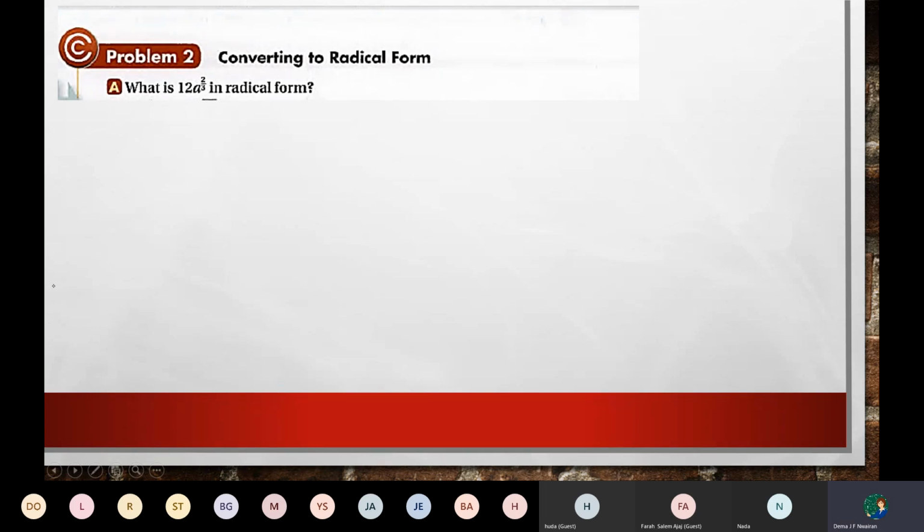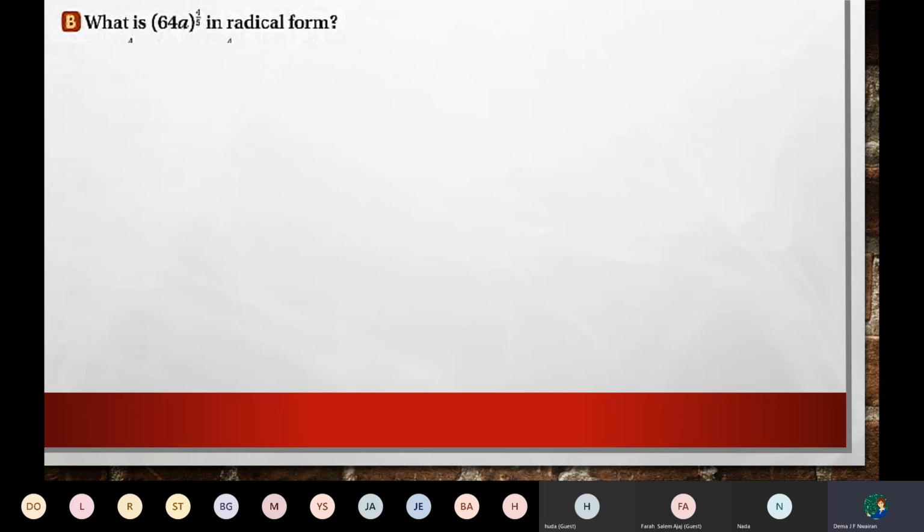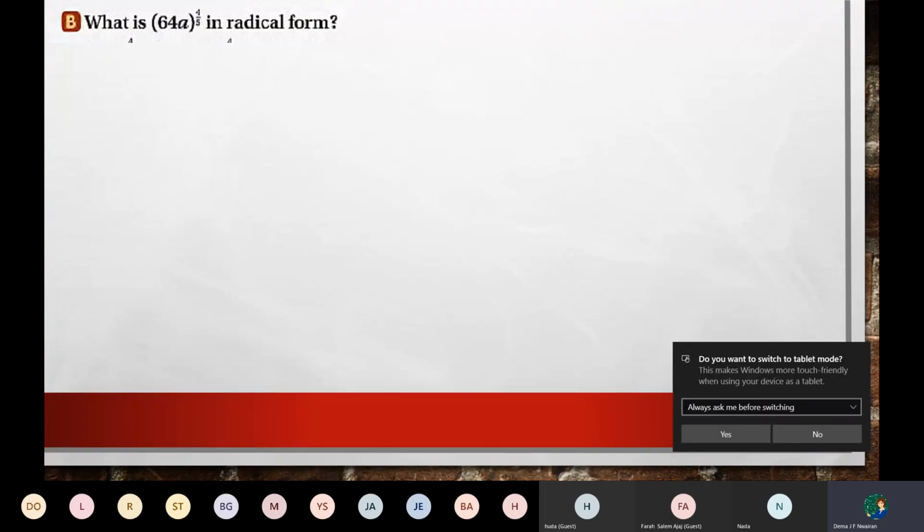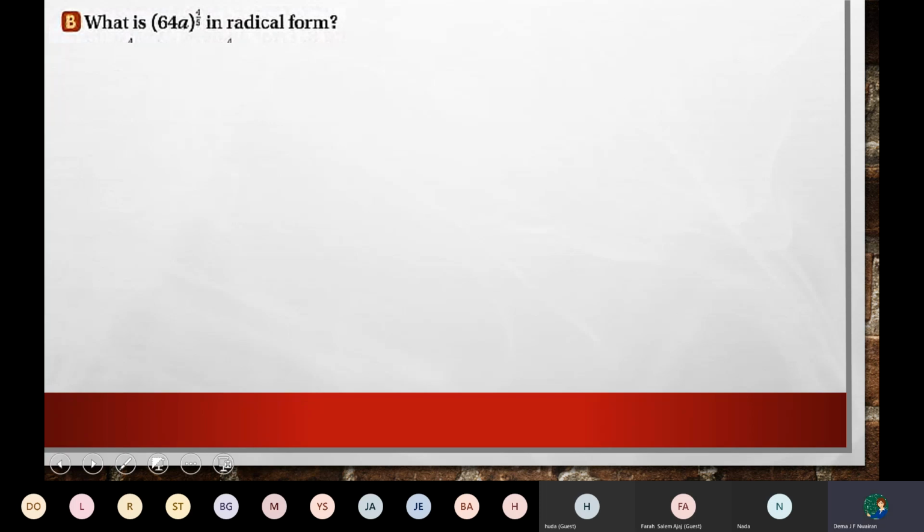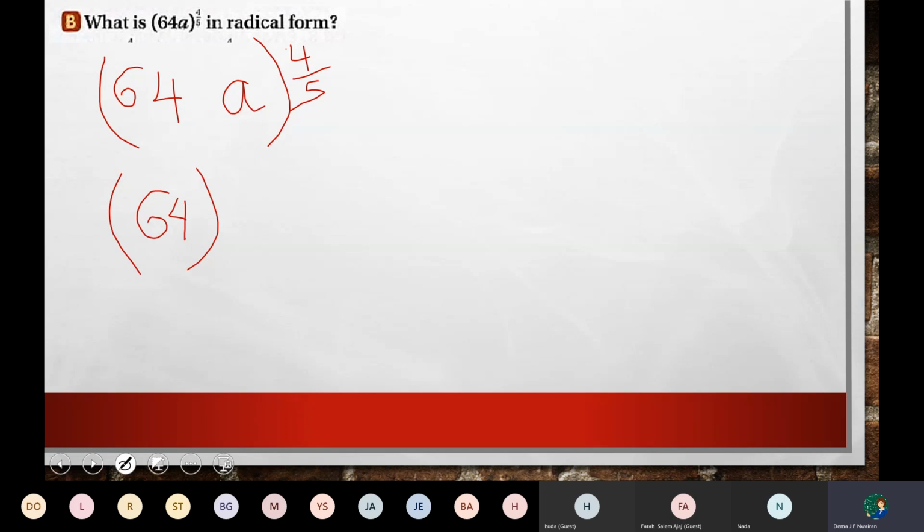So now, converting to a radical function. 64 a raised to the power 4 over 5. As we said before, you have a product of a number with a variable. So let's now try to distribute the power 4 over 5.